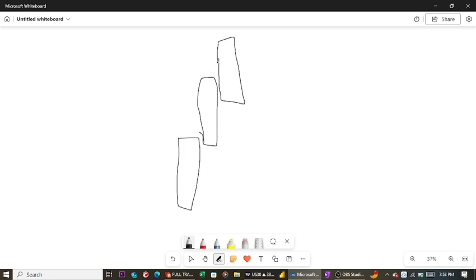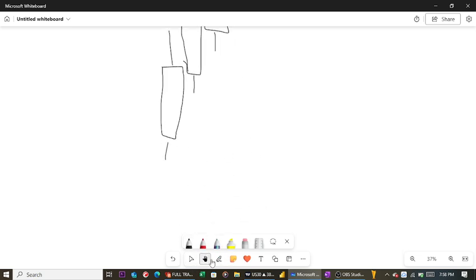These are all candlesticks. Let me just draw one. I want to show you what a fair value gap really looks like.